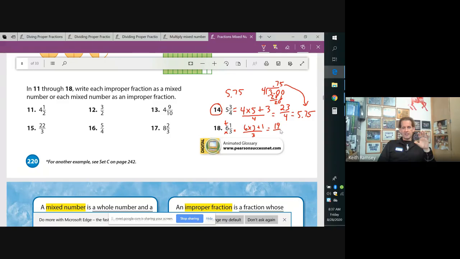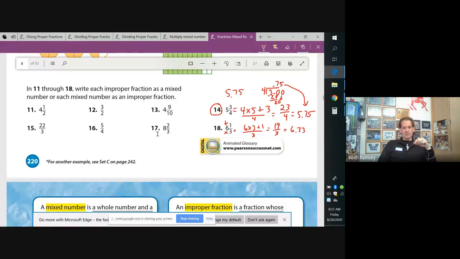So this would be equivalent to 19 over 3. Now I know that 6 1/3 is the same as $6.33. So I can write $6.33 several ways. I can write it as 19 over 3. I can write it as 6 1/3, or I can write 6.33.